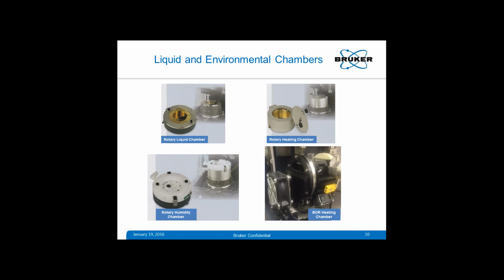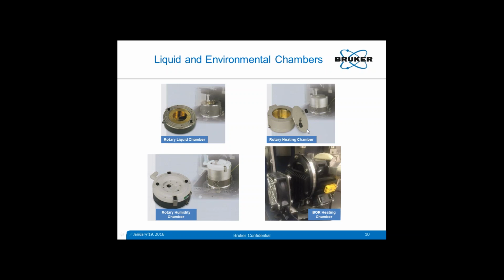We have liquid and environmental chambers for all the different drives. Here in this slide, you can see 4 chambers. I picked them up to show you; I didn't want to show all of them. The rotary liquid chamber is used mostly for Stribeck tests, or any other test, pin on disc or cylinder on disc and things like that, for evaluation of wear and friction, and also for the Stribeck curve.